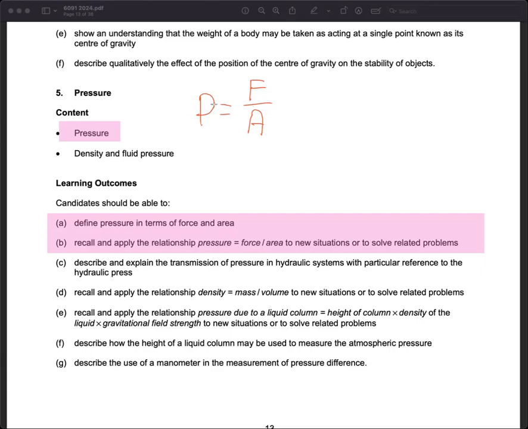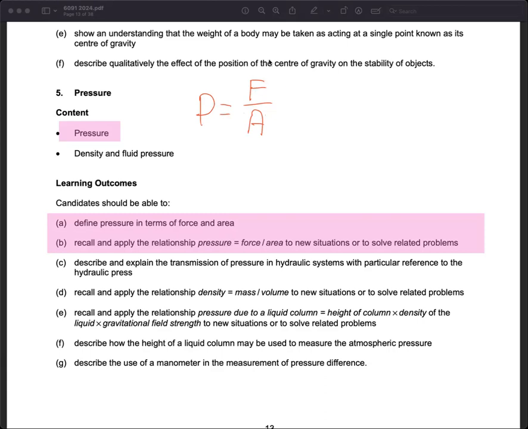So we can say that pressure is directly proportional to the force applied on it. When force goes up, pressure goes up. Can you see from this formula that is the relationship? The direct proportion relationship.